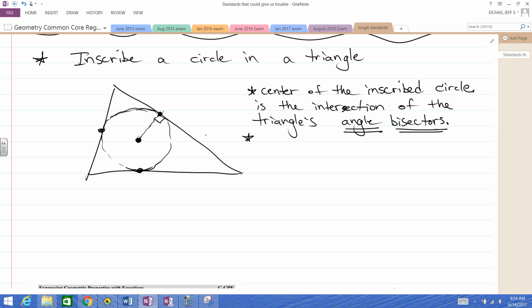In class, we completely skipped over that, and I don't think anybody's going to dock points for not doing it, as long as you acknowledge that the circle's supposed to be tangent to every side. So we've got to make sure the circle must be tangent to every side of the triangle.